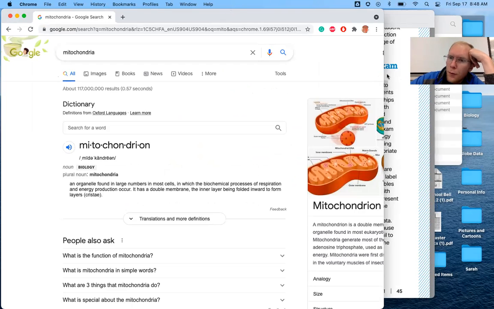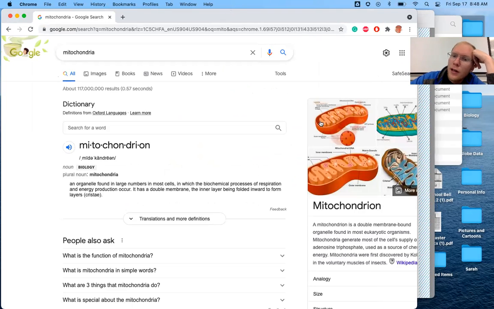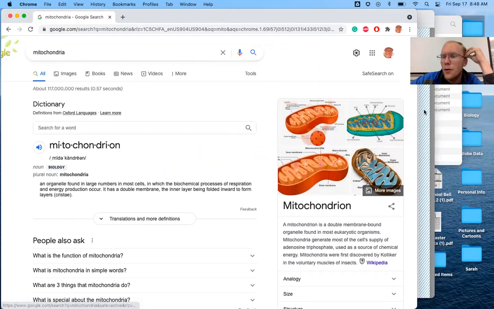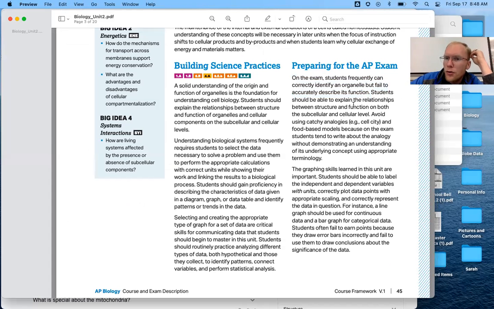But if you're watching the whole video, you get to learn a little bit more about the unit guide in general. Let's just finish reading this before we focus on section 1. The last thing I'm supposed to teach you is that students should be able to explain the relationship between structure and function on both a subcellular and cellular level.